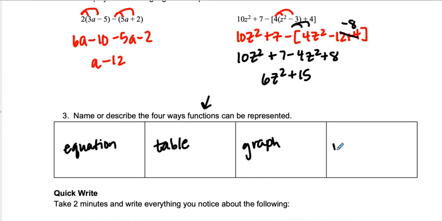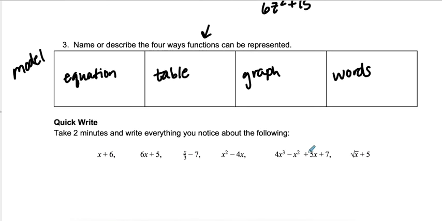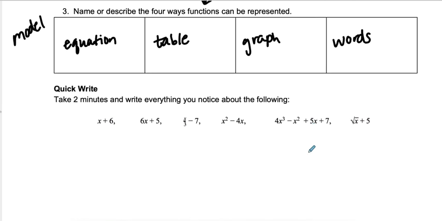And we can also describe it by words. And we're going to talk more about this when we do our modeling, because basically when we model mathematics, we use all these representations. And for the last part of this first video, I want you to press pause and write everything you notice about all of these listed here. Come back and we'll see what you have and what I have here.